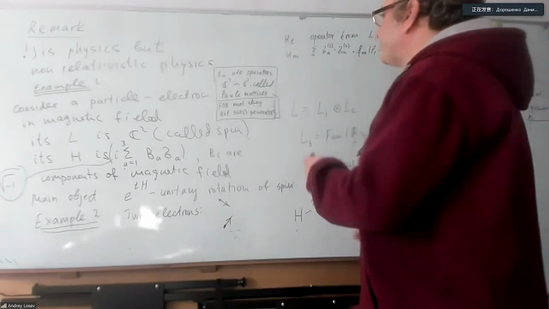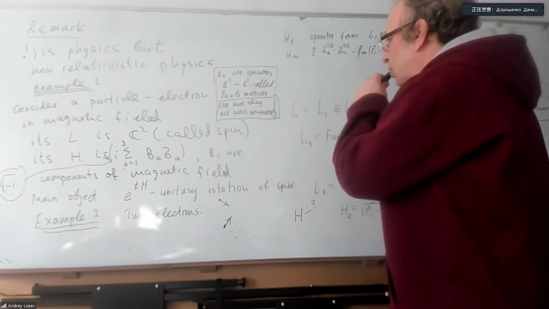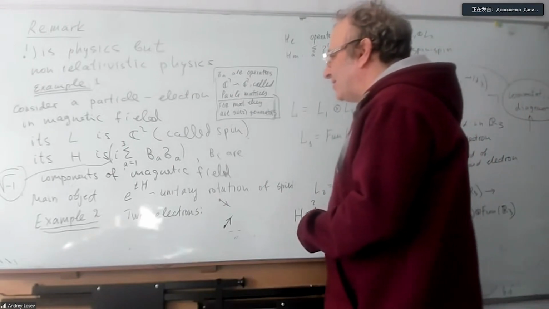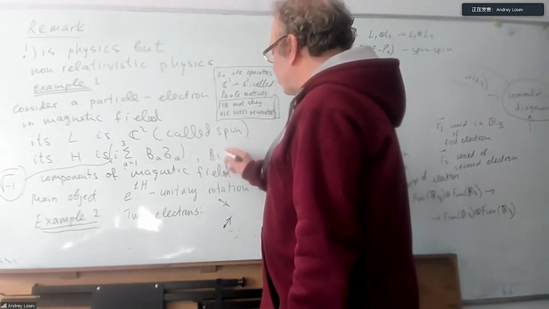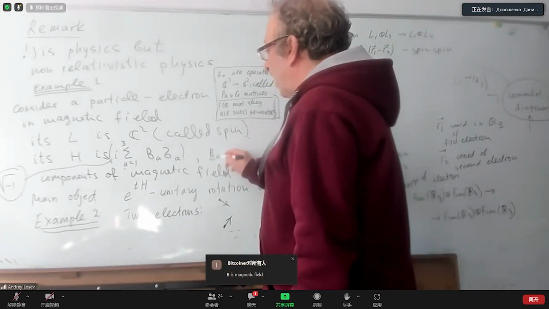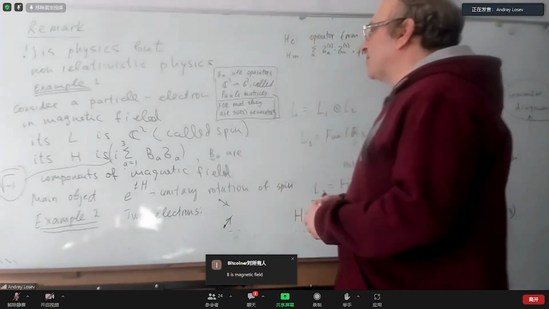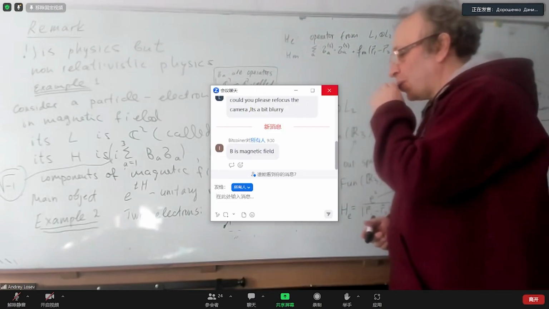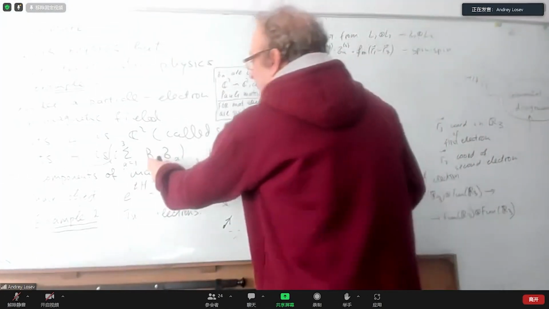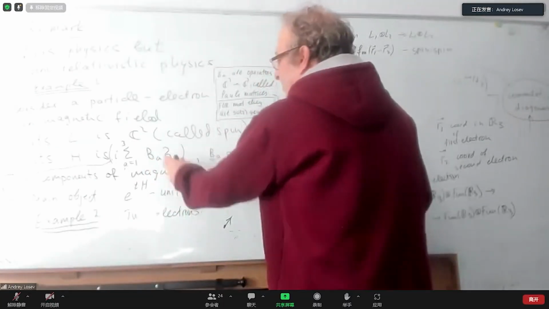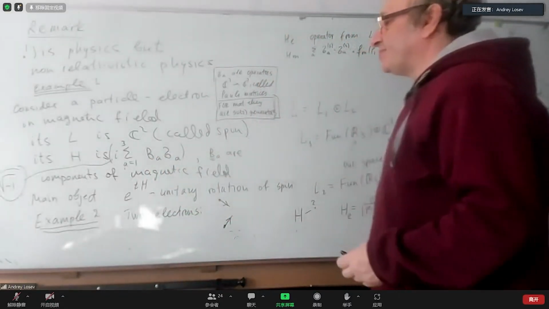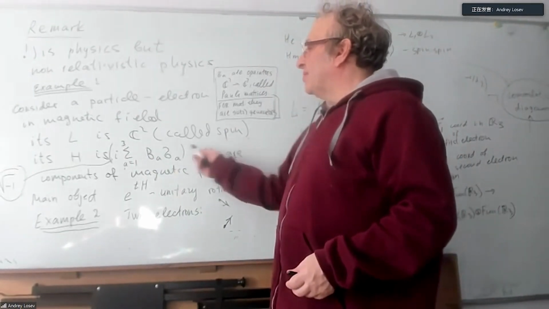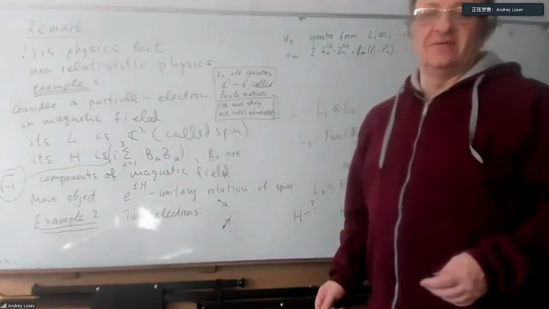And what is B of A? Sorry, B I are components of the magnetic field. In physics, this thing is called the interaction of the spin degree of freedom with the magnetic field.